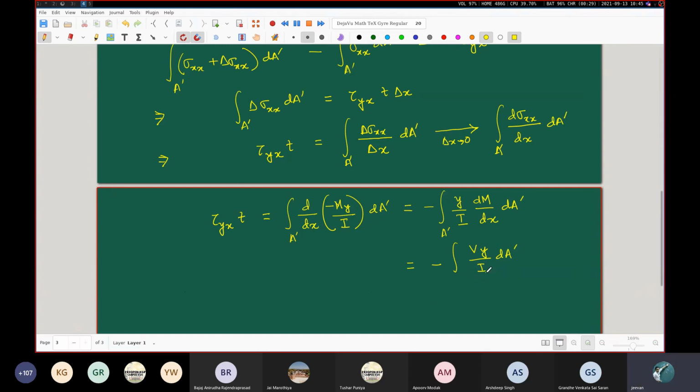Now you see this integration is over the entire cross section. The V is just a constant value at a particular cross section. It does not have any variation over the cross section. Similarly, the second moment of area has a unique value corresponding to a particular cross section. It is not varying itself over the cross section. So both this V and the I can be taken out of this integration. That's what we'll do.